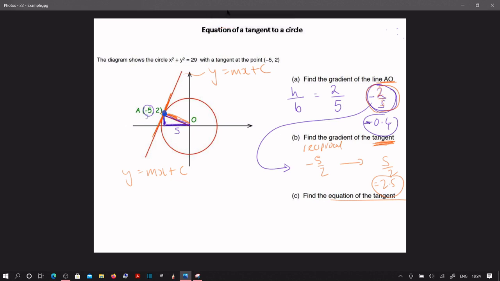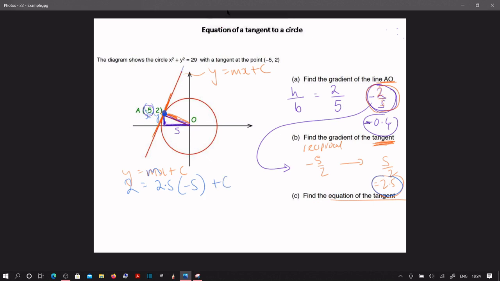This is the x value, this is the y value. Let's substitute. y is equal to 2. m is, what's m? It's right here, it's got a gradient of 2.5. x is right here, it's negative 5. And c, I don't know what it is, but I'm going to find out.